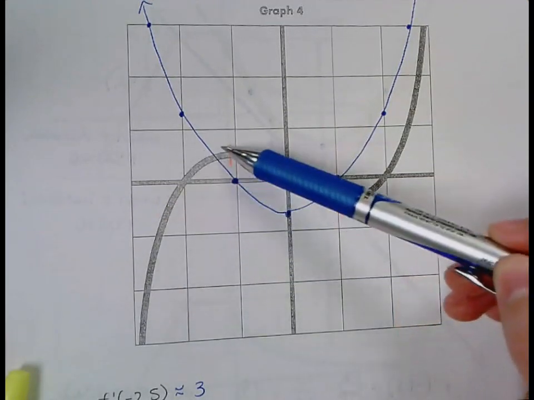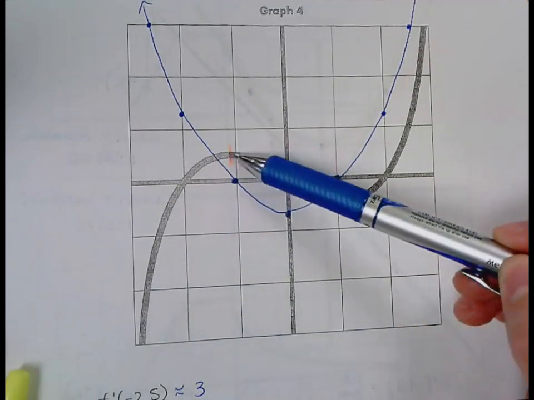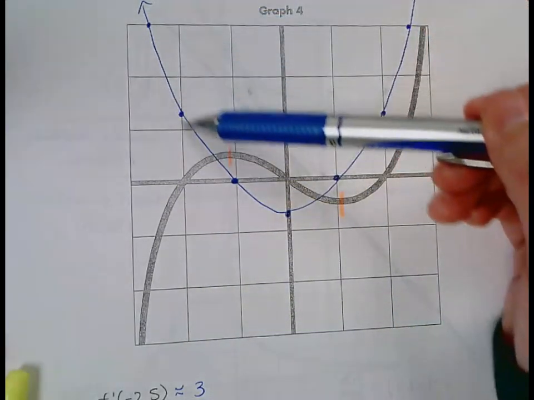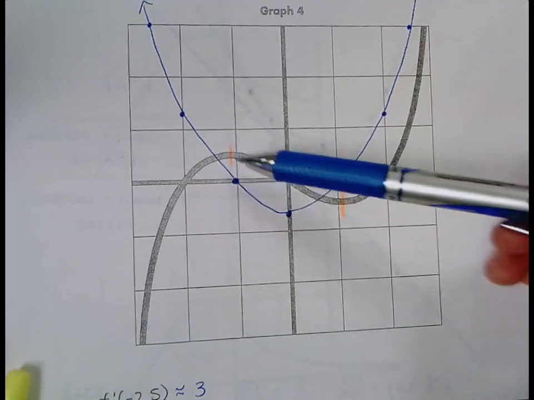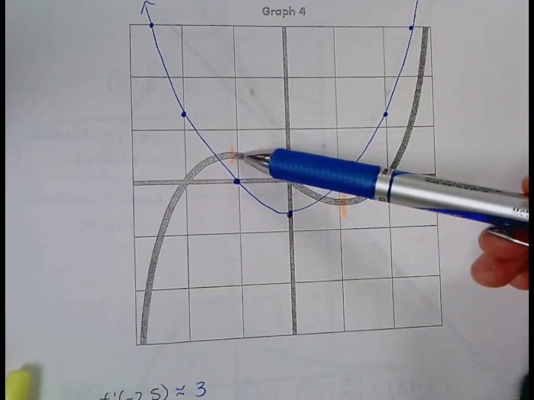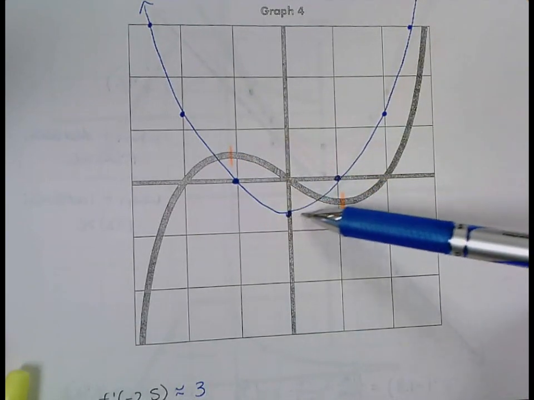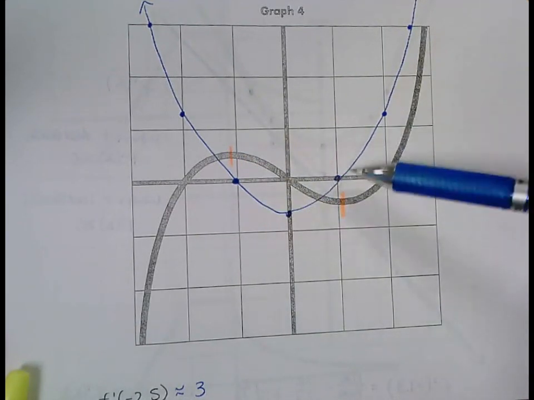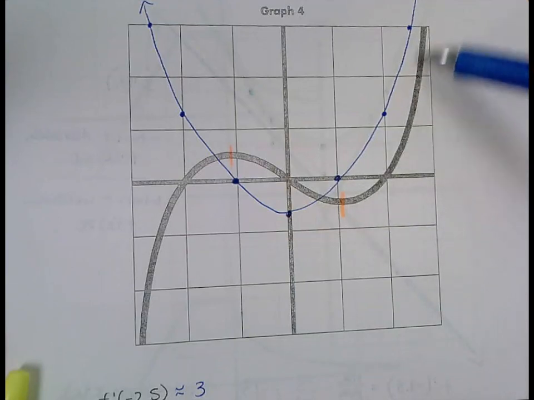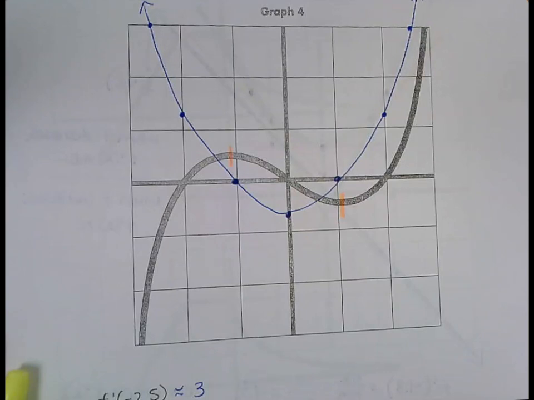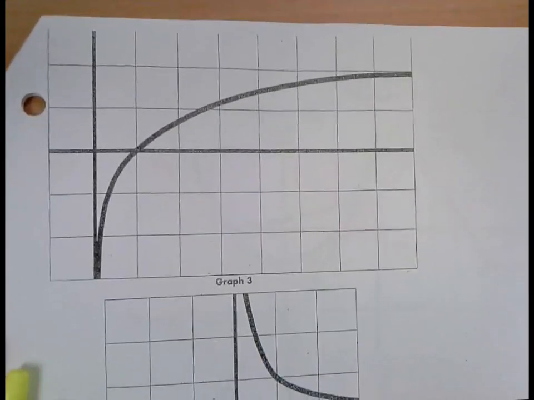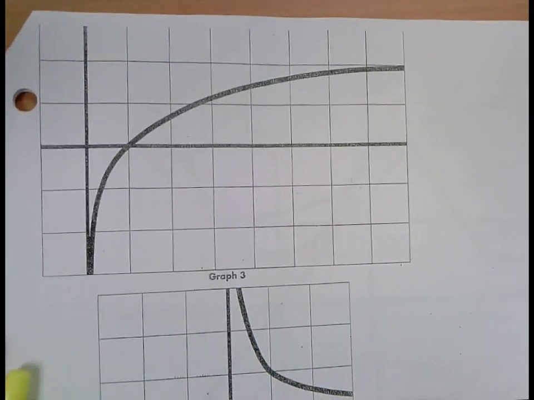From negative infinity up to that local max, the graph of f is increasing, and notice that's where f prime is positive, above the x-axis. Then from the local max to the min, f is decreasing. All of those y values in f prime are below the x-axis, they're negative. And then f starts to increase again, and the graph is now above the x-axis, positive again for f prime. So when f is increasing, f prime is positive. When f is decreasing, f prime is negative.